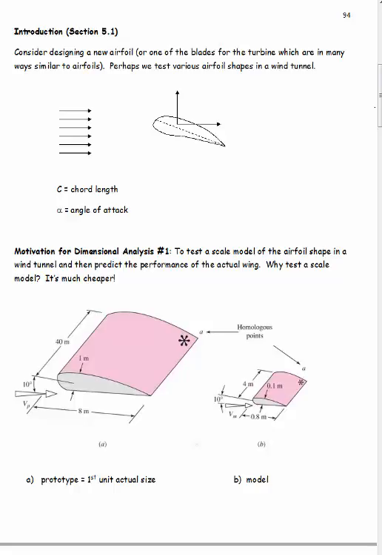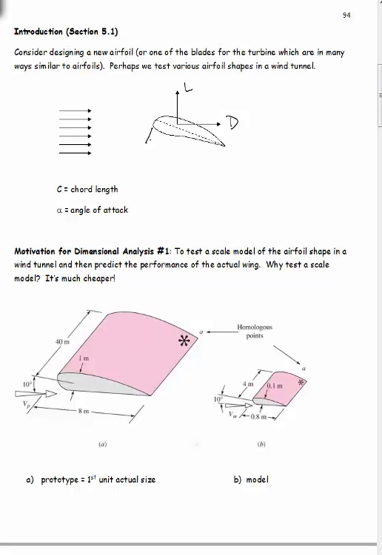Okay, so let's pretend that you are designing a wing. You work for Boeing, you're designing a wing, okay? And you want to figure out what the lift is, for instance. So lift, as you imagine, is the upward force here. Drag is the force in the direction of the flow. Okay, so lift is one of the things we're really trying to find. And there are going to be some parameters that lift is going to depend on.